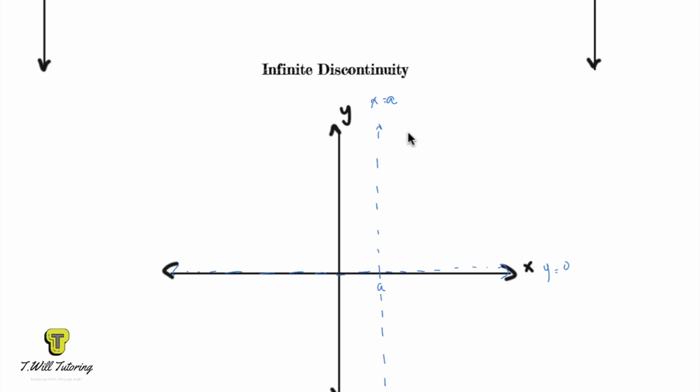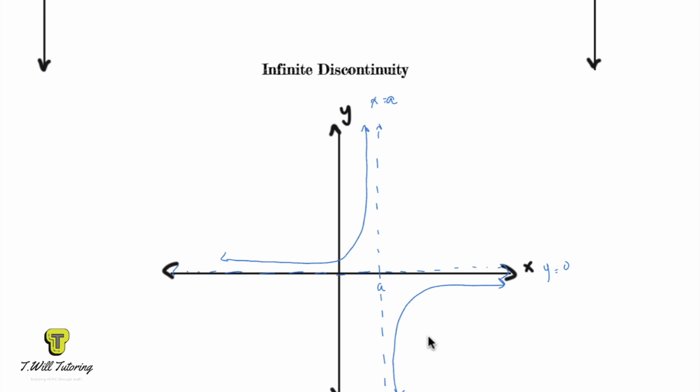All right, so an example of how the graph will be drawn: you'll see my line will get really close to my boundaries, but I'm never touching. So this will be an example of infinite discontinuity.